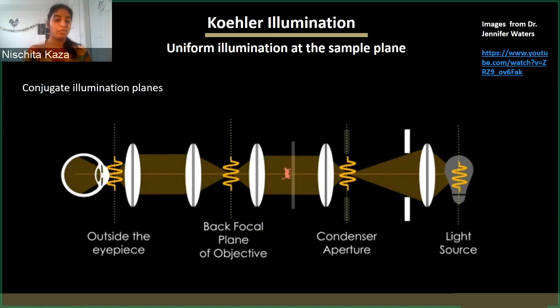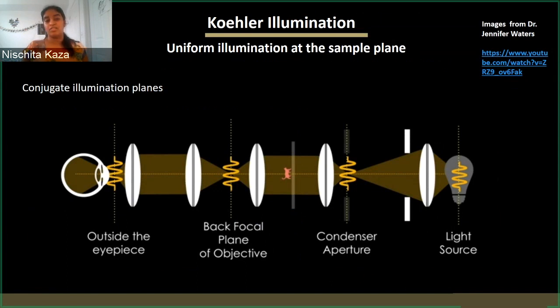And so you have a collimated beam illuminating the sample, and you have an image of the light source being formed at conjugate image planes at the back focal plane, and at some plane that's before the sensor, so that at the sensor you don't have any image being formed. And this is important because if you had an image of the source, this would lead to non-uniform illumination.